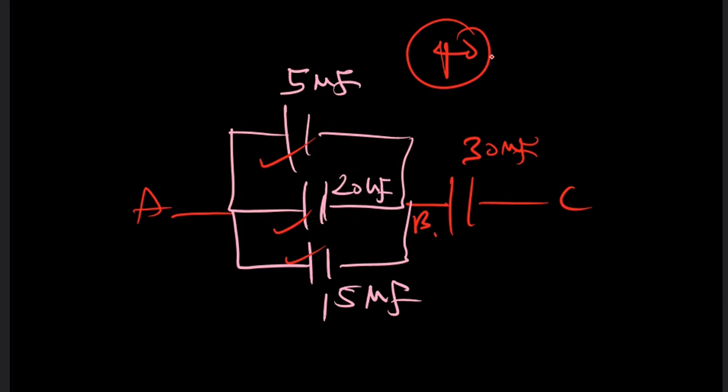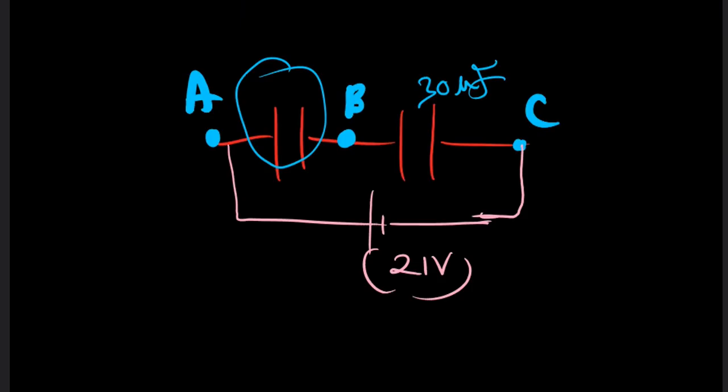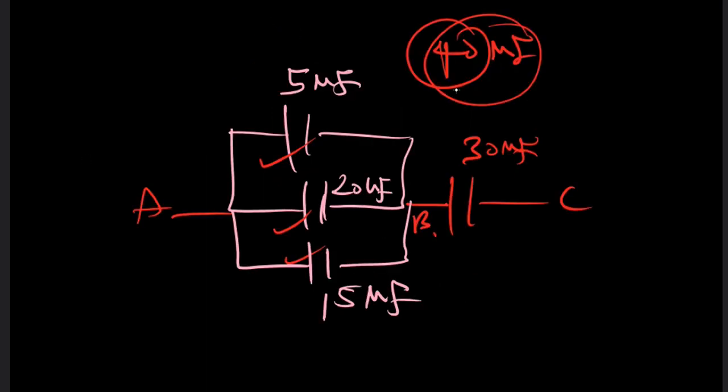Right, 40 microfarad. So we can simplify it further into two capacitors right here. Now we have found this as 40 microfarad, exactly. 25 plus 15, 40, correct.